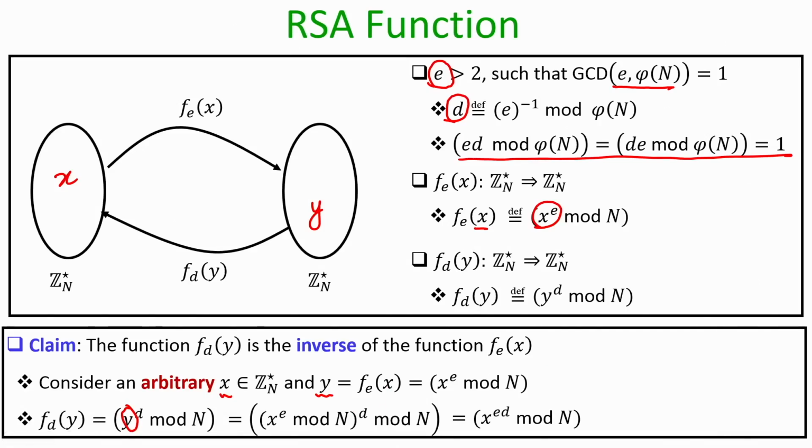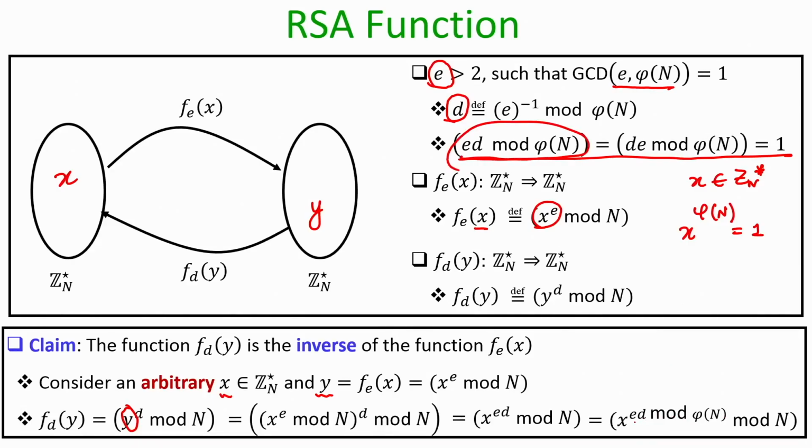Then I can apply the rules of group exponentiation and say that this is nothing but x to the power e d mod n, and remember that x to the power phi of n is 1, because x is an element of Zn star, that is what we discussed in the previous slide. So, x to the power e d modulo n will give the same answer as if in the exponent I do e d modulo phi of n, that means I can reduce the exponent itself modulo phi of n. But e d modulo phi of n is 1.